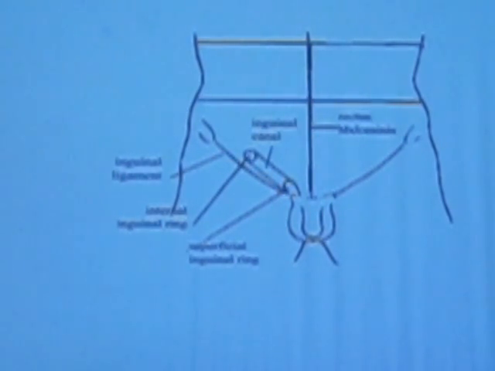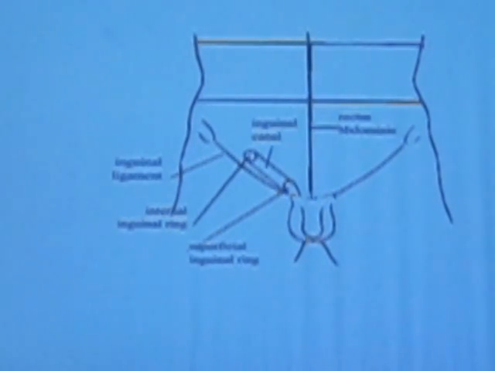Inferiorly, we have a strong boundary by the inguinal ligament, isn't it? You can see here the anterior superior iliac spine and the pubic tubercle, and we have the inguinal ligament, the aponeurosis of the external oblique. So behind would be the weakest area; the posterior side is the weakest in the inguinal passage.